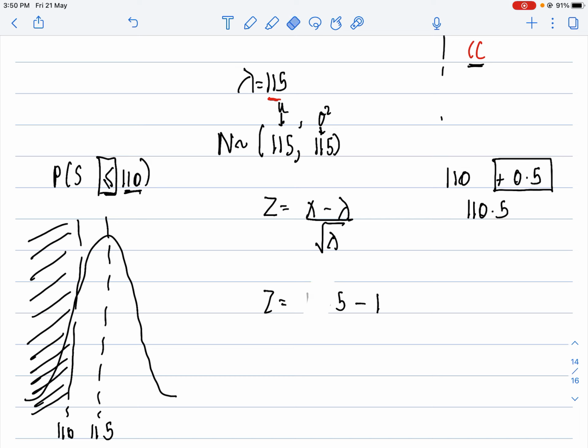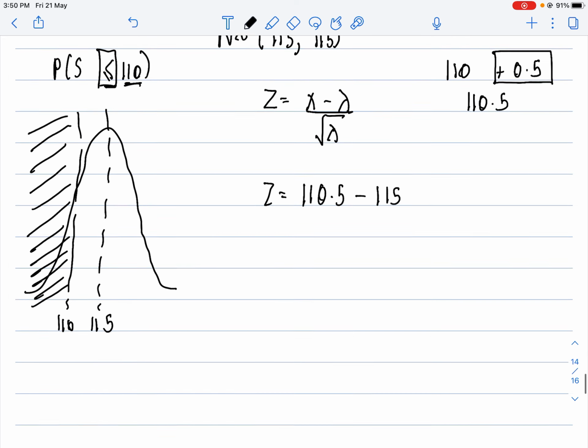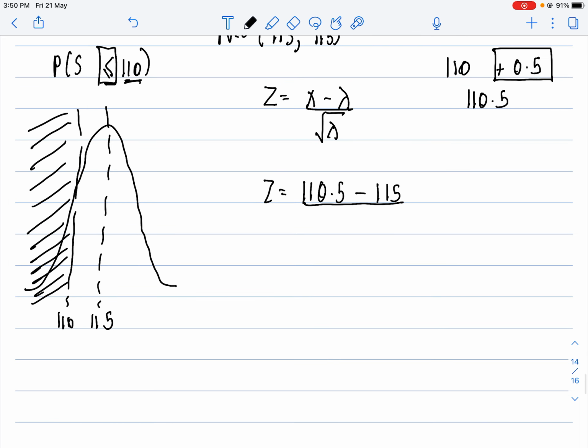Okay, so now I'll basically write this as 110.5 minus 115. Okay, sorry, I didn't do it properly. So with the square root of 115. So my z is basically equal to 110.5 minus 115, okay, with the root of 115.